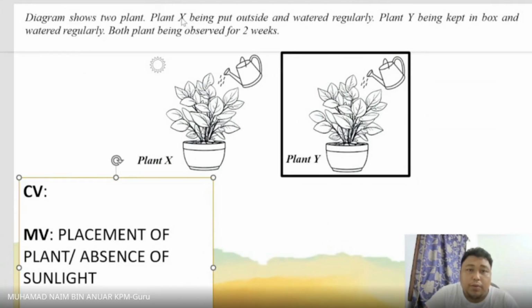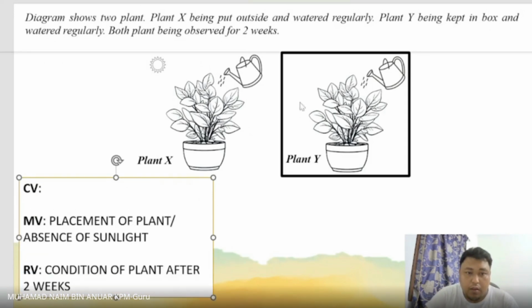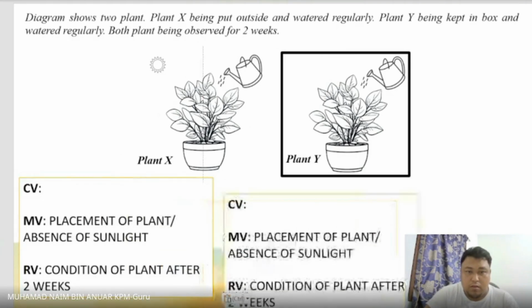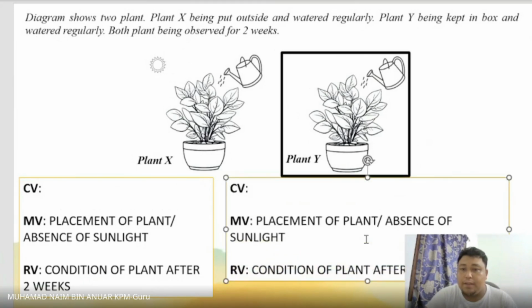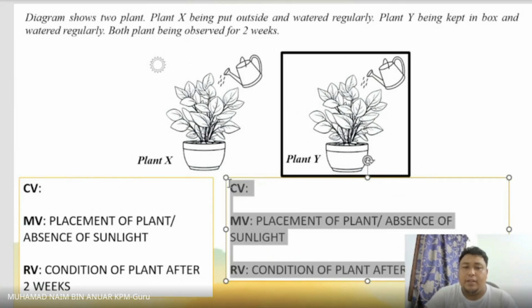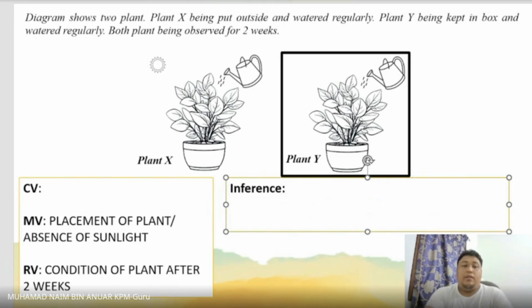Okay. I don't know if you can see or not. What is the inference? Let's do the inference. So, we write the observation first. The observation is plant Y will.